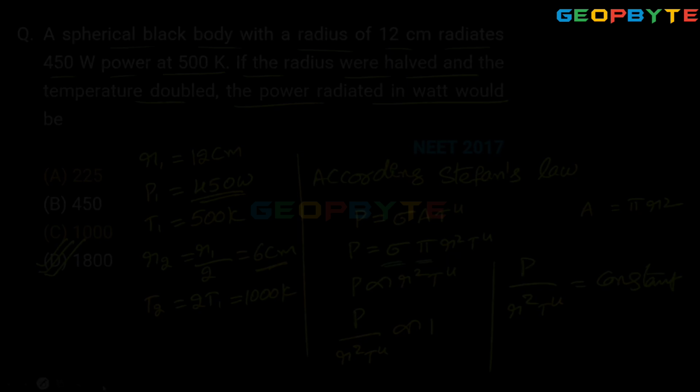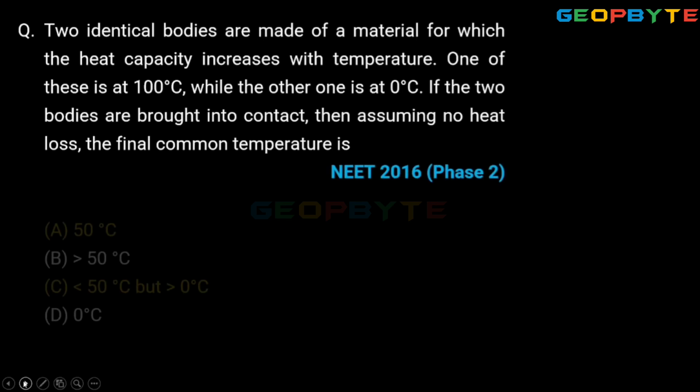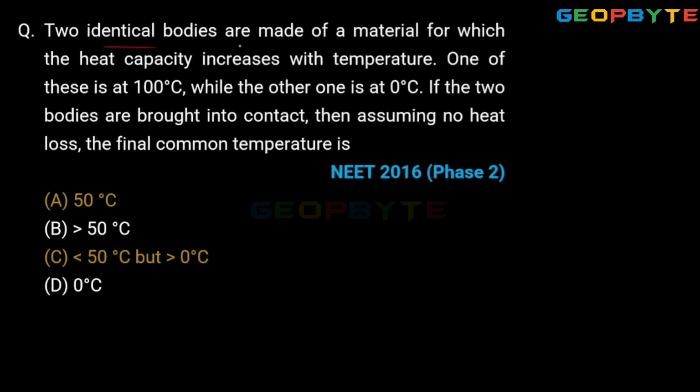Yes. Similarly, let us take another important problem. Look at the screen. It is asking like this. Two identical bodies are made of a material for which the heat capacity increases with temperature. That means the specific heat or heat capacity is not constant for the material.